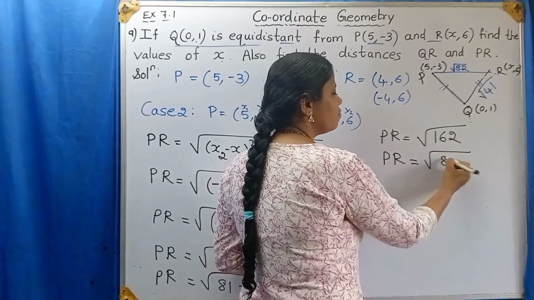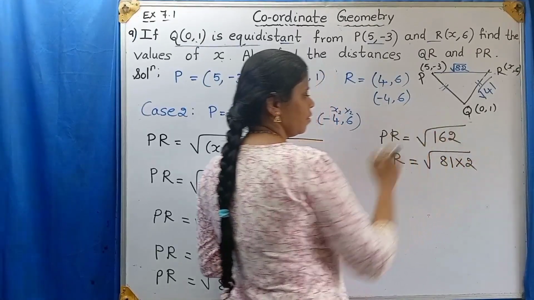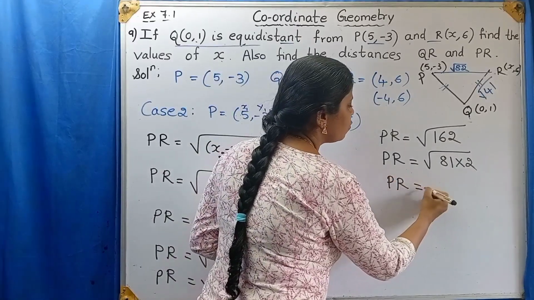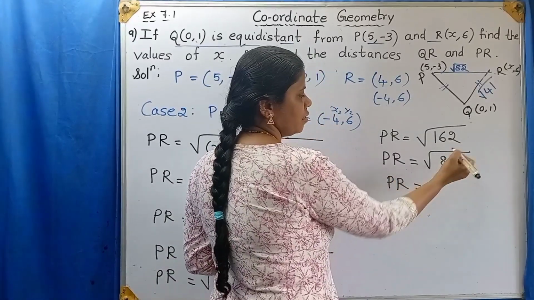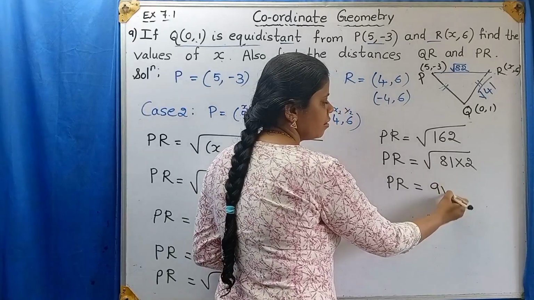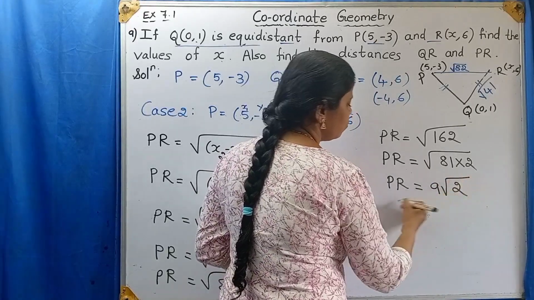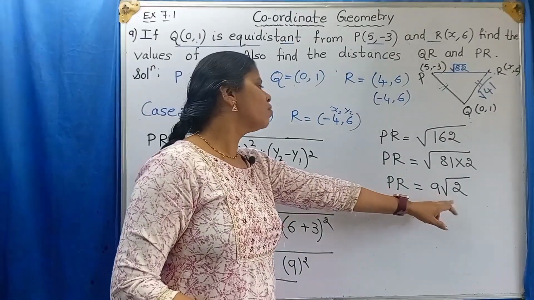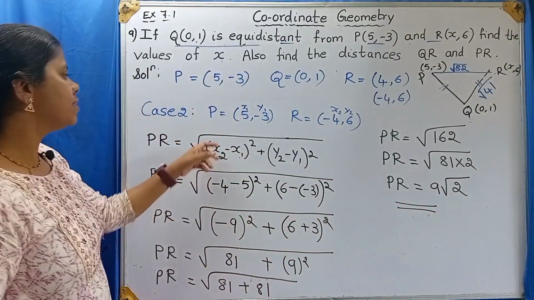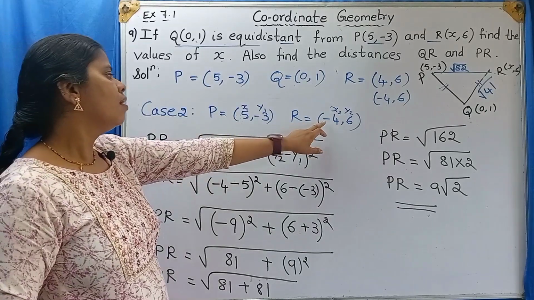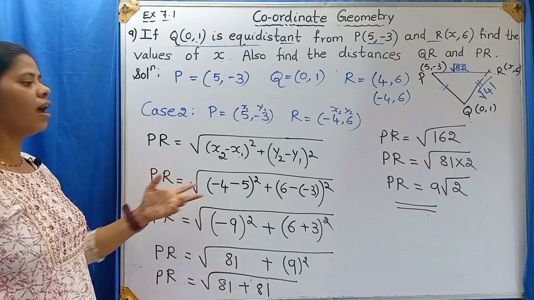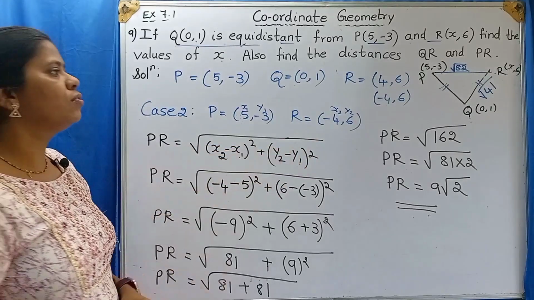I can write it as 81 twos, isn't it? Therefore, PR is equal to square root of 81 is what? 9, 9 into square root of 2. The distance between PR is 9 root 2. When we take the coordinate minus 4, 6, then the distance between PR is 9 root 2.